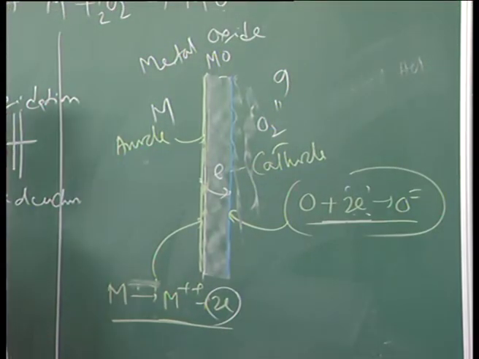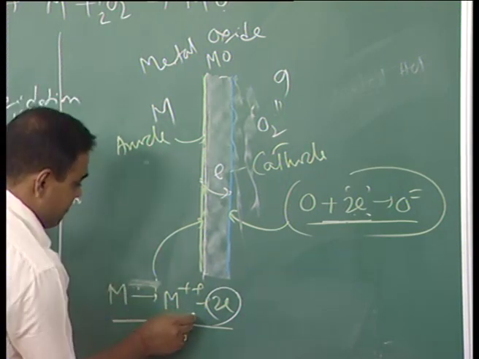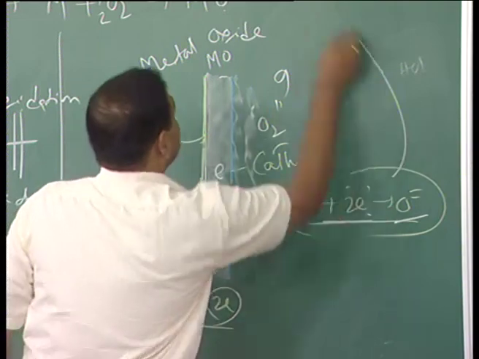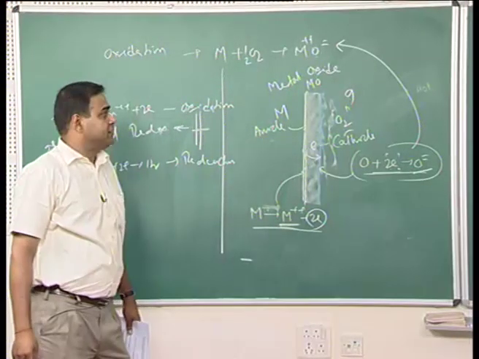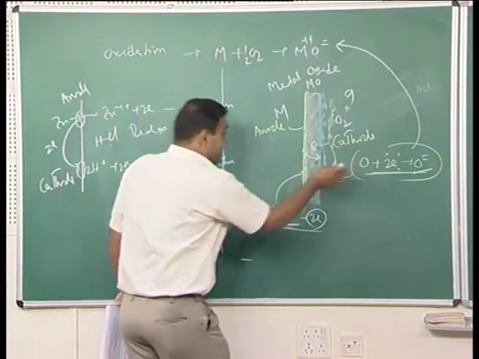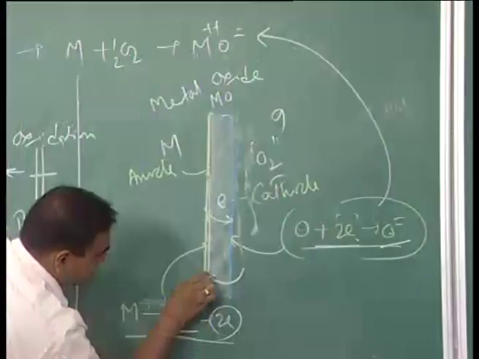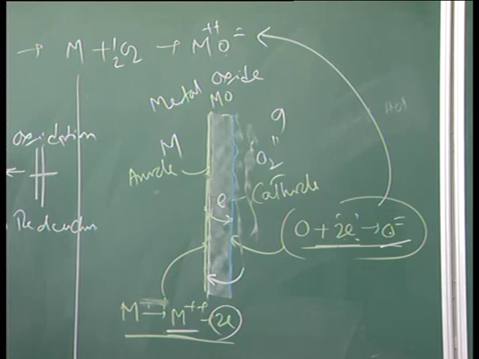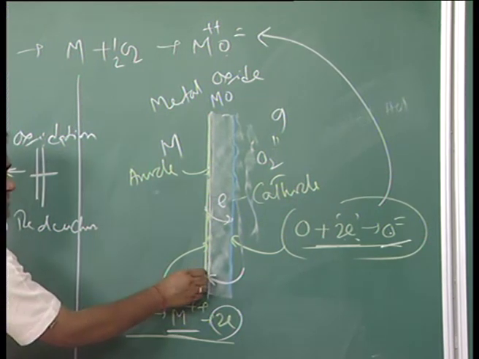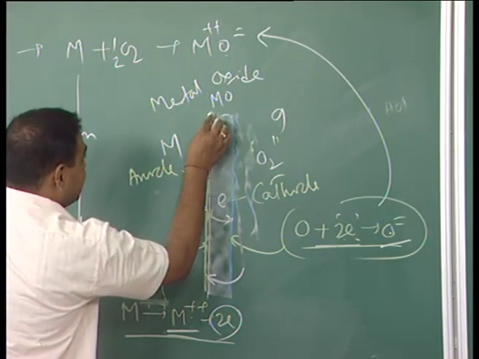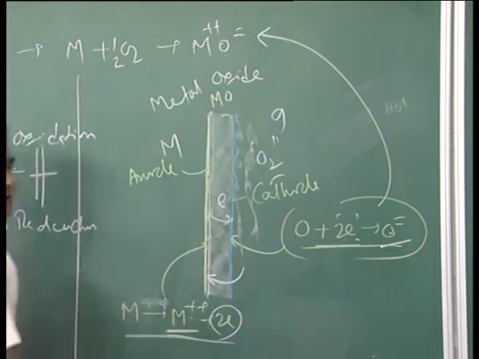It would be decided by where the metal ion is combining with the oxygen ion and forming the oxide. If the oxygen ion is diffusing through the oxide layer to this surface, it finds the M++ ion, and immediately combines with it. So oxide layer growth will take place on this surface.